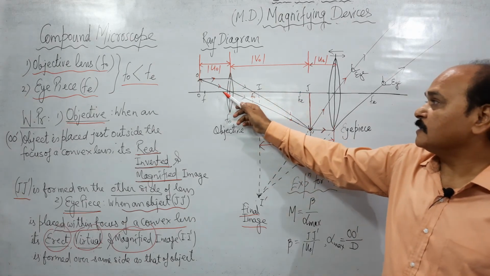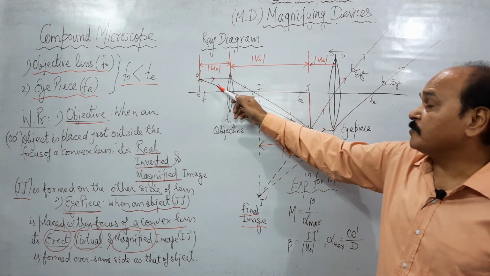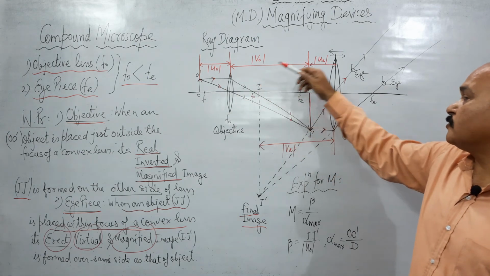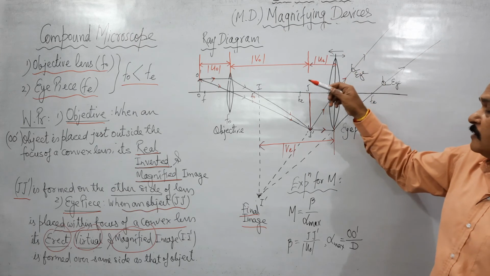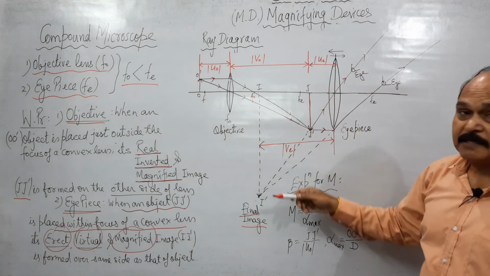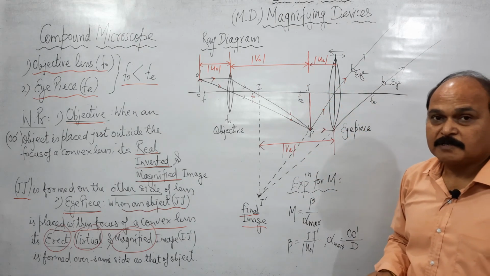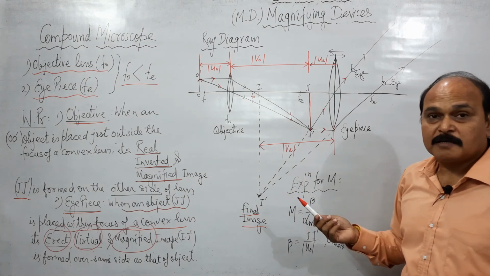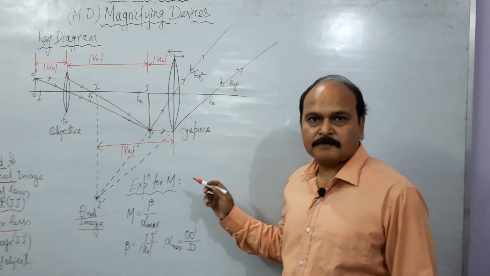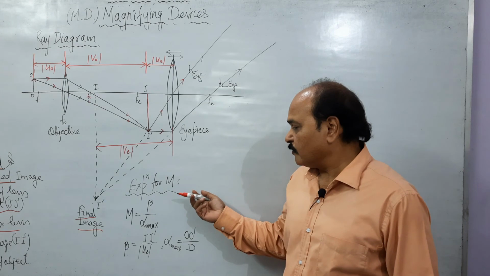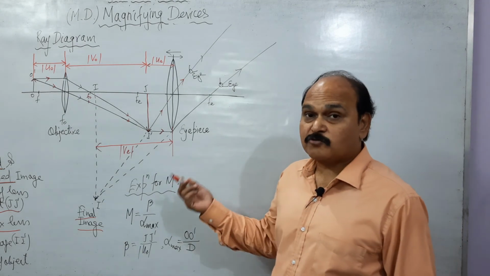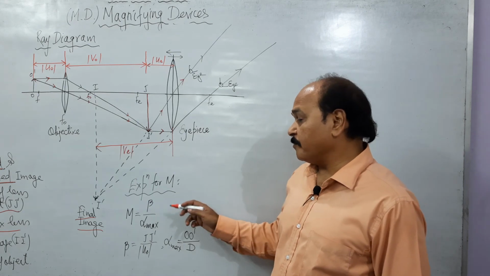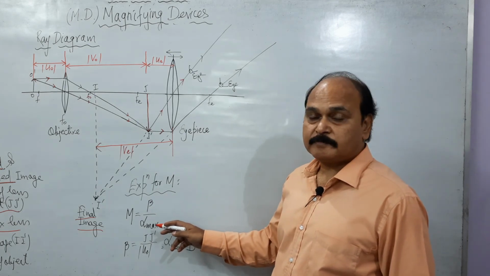This is the object. This object is magnified by the objective as JJ dash, and this JJ dash is further magnified into II dash, which is the final image. So children, let us now understand the expression for M. Yes children, we already know that the magnification for a microscope is the ratio of beta to alpha maximum.